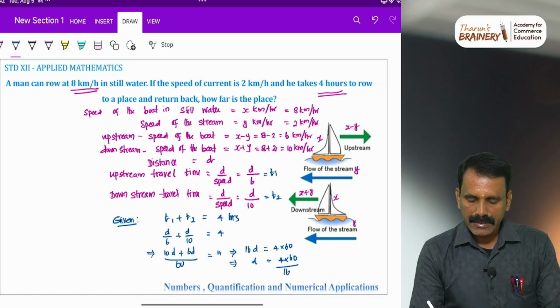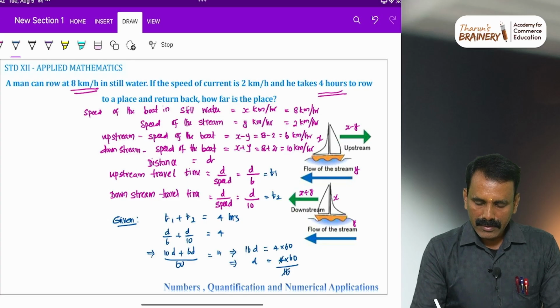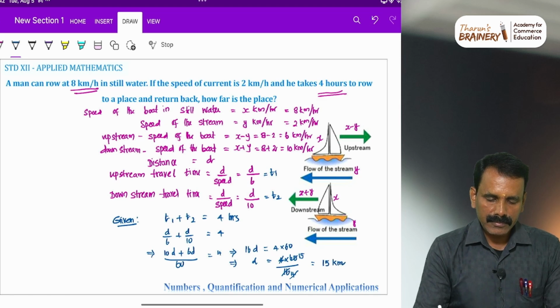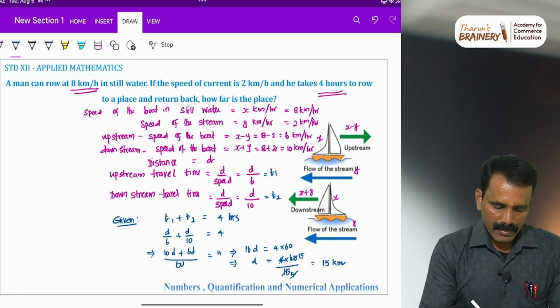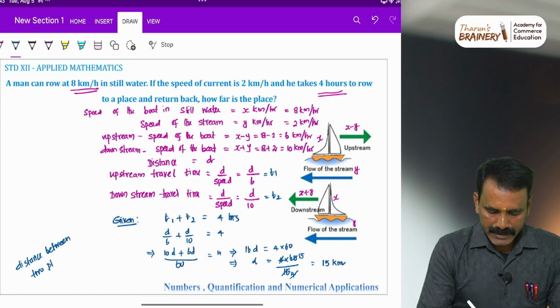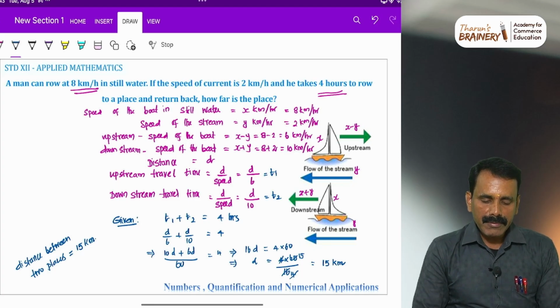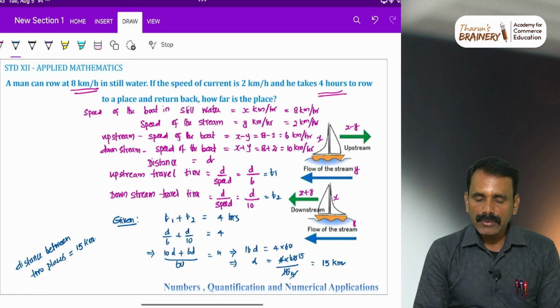We can cancel now easily. 4 times 4 is 16, so 15 times. So it is 15 kilometer. So distance between two places is 15 kilometer. So we found the distance between the two places, which is equal to 15 kilometers.